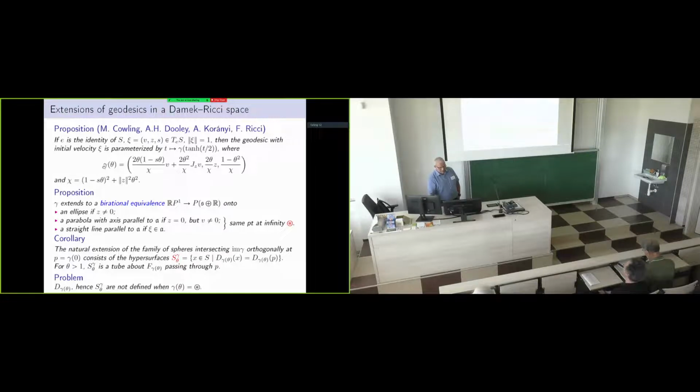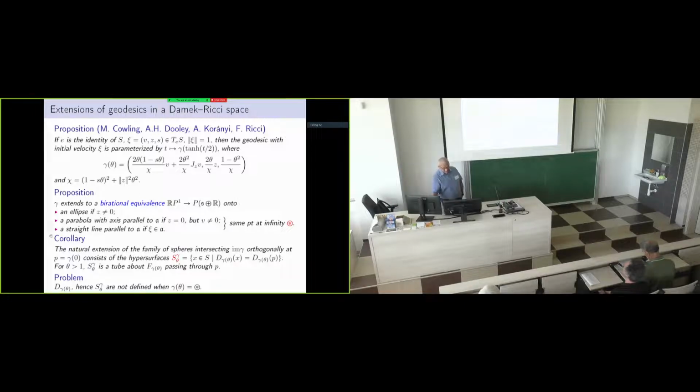Anyhow, this mapping gamma can be extended to a map from the real projective line into the projective space obtained from S by adding points at infinity. If you look at gamma, its coordinate functions are rational functions, and this will be a rational equivalence from the projective line, in most cases onto a conic section.